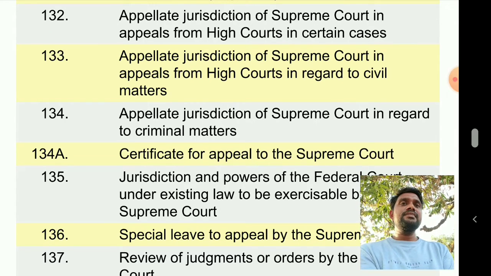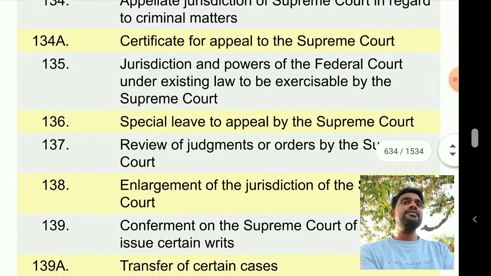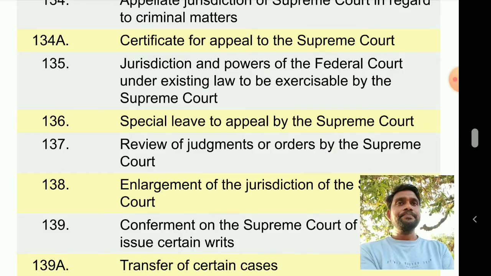Under Article 133, appellate jurisdiction in appeals from High Court in regard to civil matters. Next, under Article 134, appellate jurisdiction in regard to criminal matters. Under Article 134A, certificate for appeal to the Supreme Court.